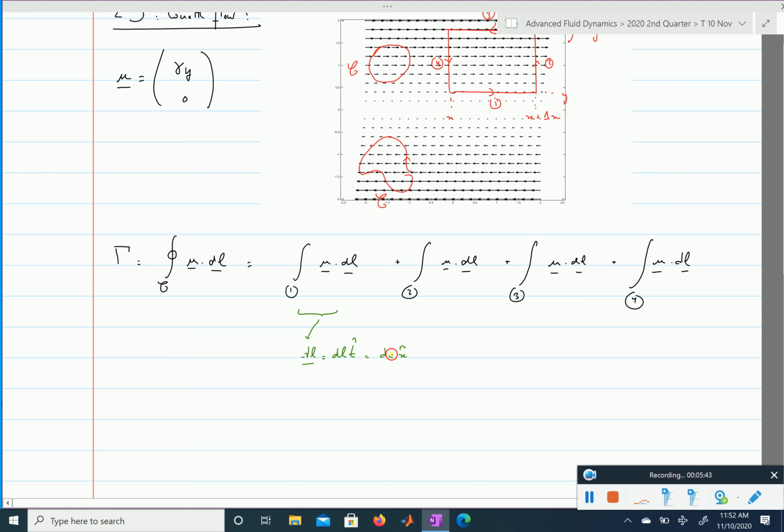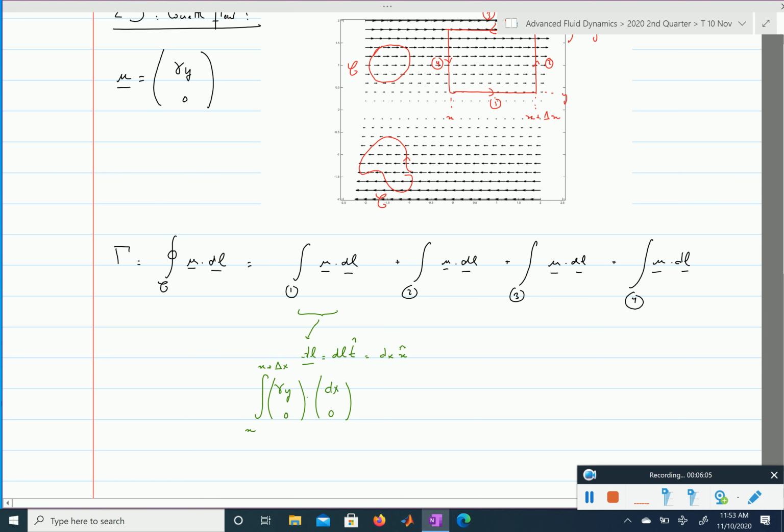So our dl vector is (dx, 0), our velocity field is (gamma y, 0), and we're integrating between x and x plus delta x.